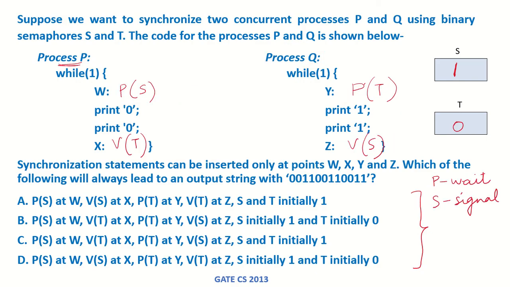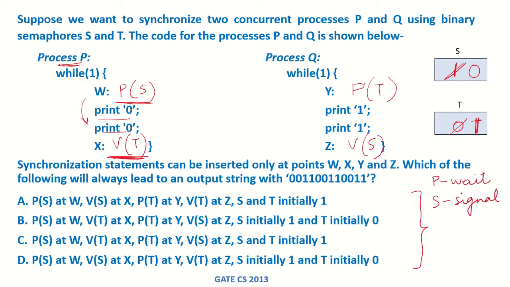So process P starts first. Let's say that process P is scheduled. It waits on S, and the value of S is 1, so it will decrement the value and it becomes 0. It prints 0, so it has entered here, it prints 0 and then it signals T. When T is signaled, that means we increment the value by 1, so T becomes 1.